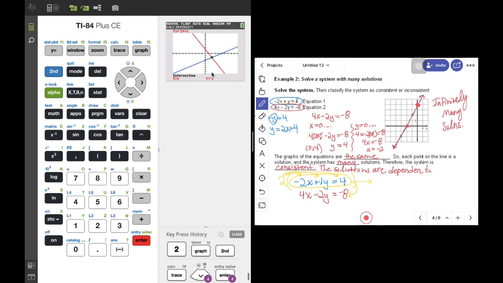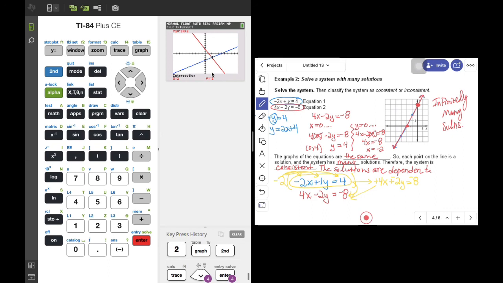I would have negative 4x, oh man, plus 2y equals 8. Furthermore, if I multiplied it by negative 2, I would have positive 4x minus 2y equals negative 8. Sorry about that, I dropped my negative. So do you see how they match? They're the exact same equation, off by a factor of negative 2.